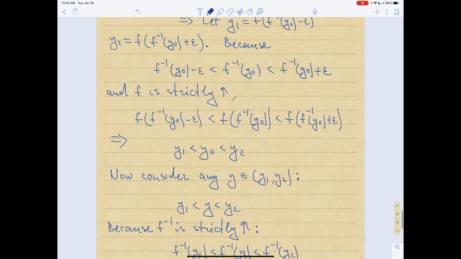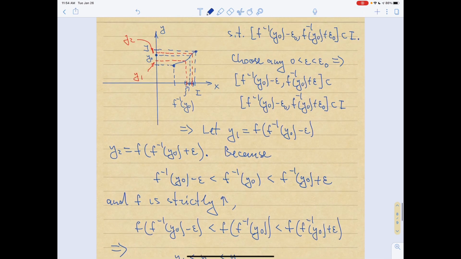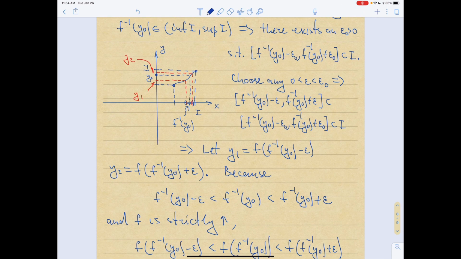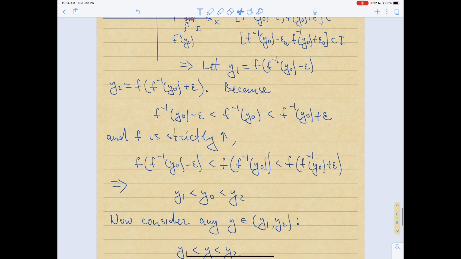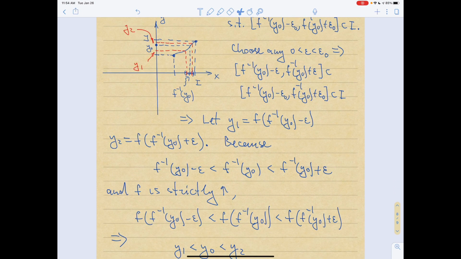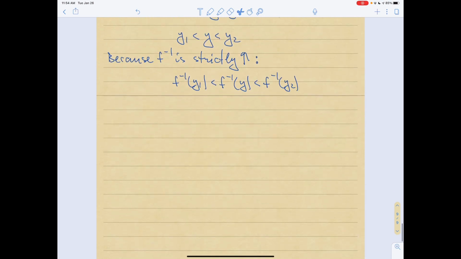Well, but what is f inverse of y1? You take y1, you apply f inverse to it, you end up at this endpoint of the red interval. And what was at the red endpoint? It was defined as f inverse of y0 minus epsilon. To see that, this is our y1.